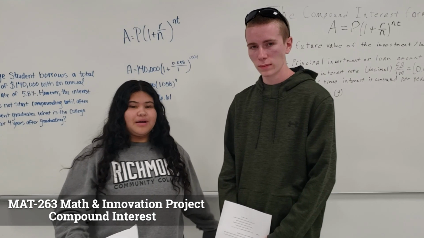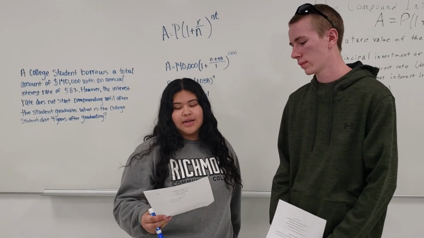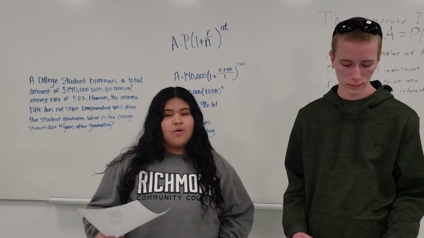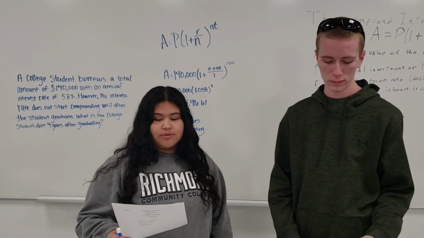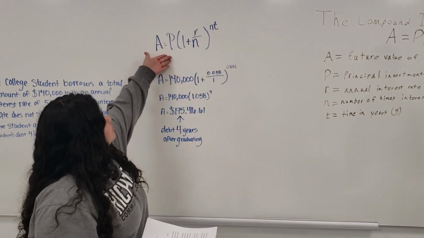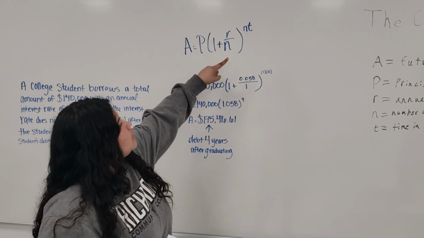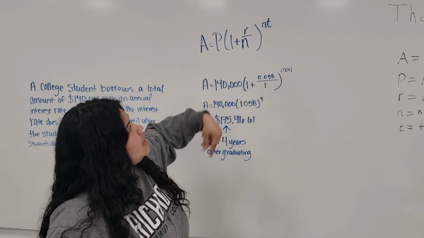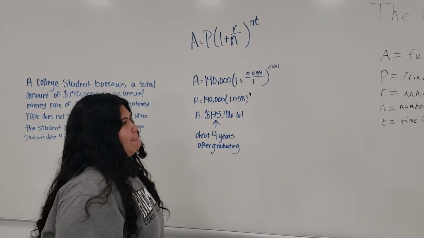So a little bit more about compound interest. It is used to find how much more money is either gained, which is also known as an investment, or lost, which could also be known as a loan. Our compound interest formula is A equals P times (1 plus r over n) raised to the n times t power.